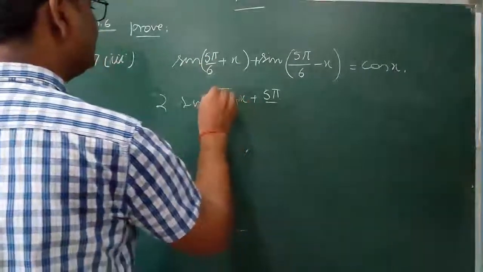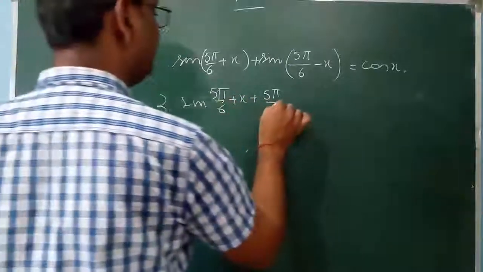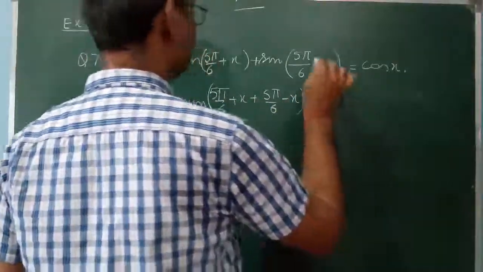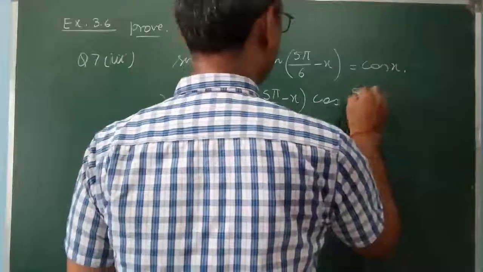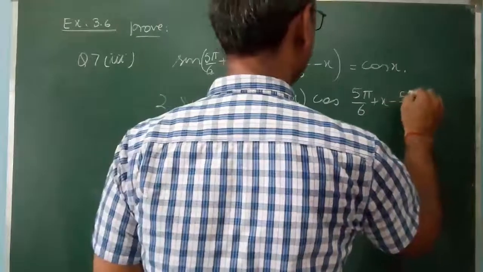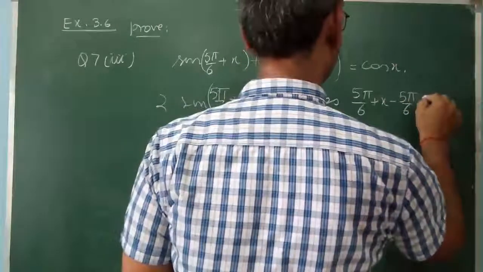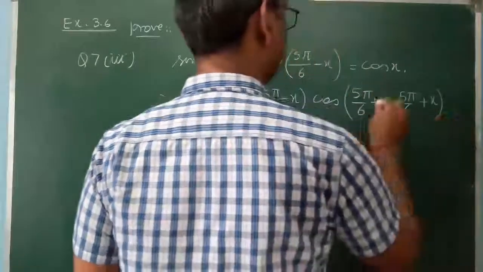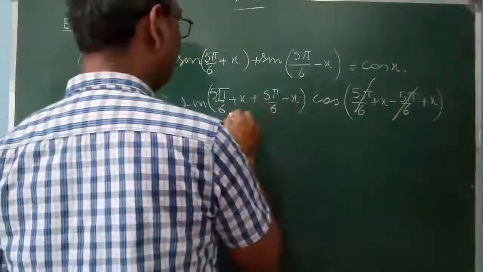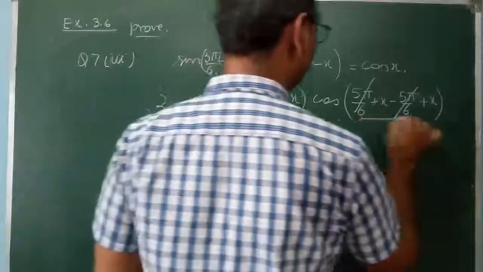Into cos((5 pi by 6 plus x minus 5 pi by 6 plus x) by 2).